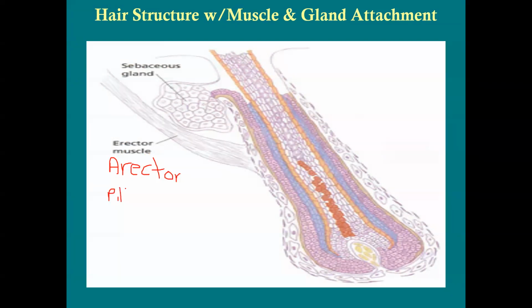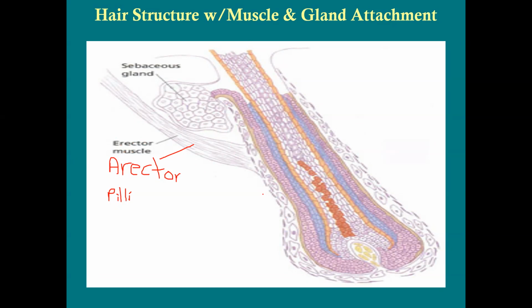Arrector pili, or arrector muscle, as it says here. This is the one that gives you the goosebumps, okay? So when you get scared or cold or whatever, the arrector pili muscle pulls, as you can see here, on the shaft, and that causes the hair to stand up straight, right?